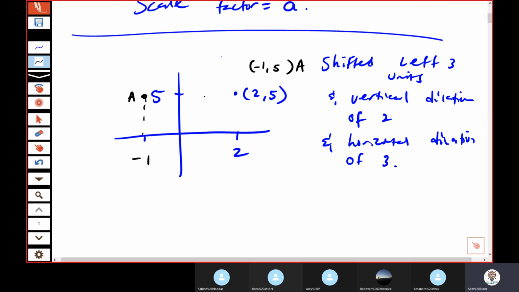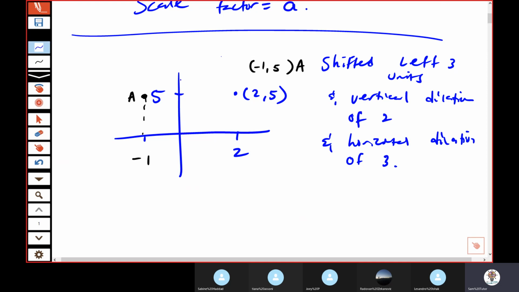So, is it changing the x values or the y values? Y values. So does x change? No. It's still going to be at -1. Instead of it being at 5, where's it going to go up to? 10. Because you're multiplying by 2. A vertical dilation of 2.